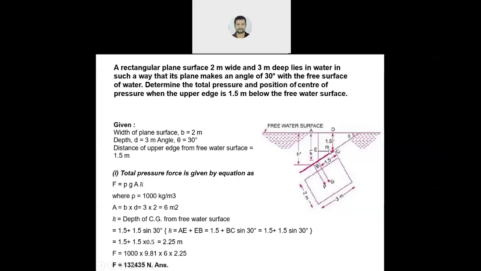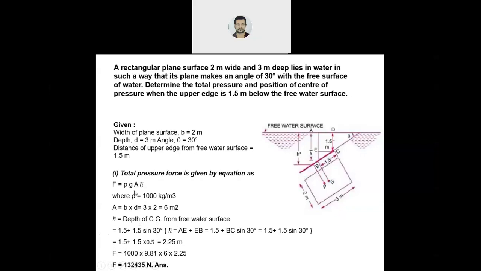This theta you know, 30 degrees, and this BC you know, y bar, which is 1.5. So h bar will be 1.5 into sine 30. So this much will be your h bar.